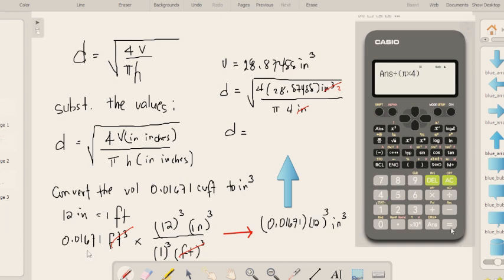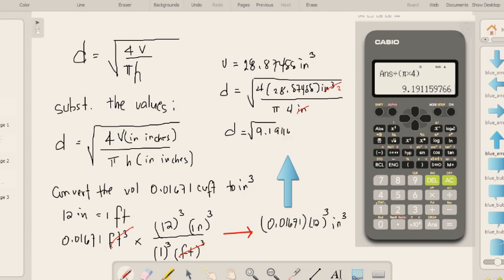So you get actually 9.19116. But that still has to be square rooted.